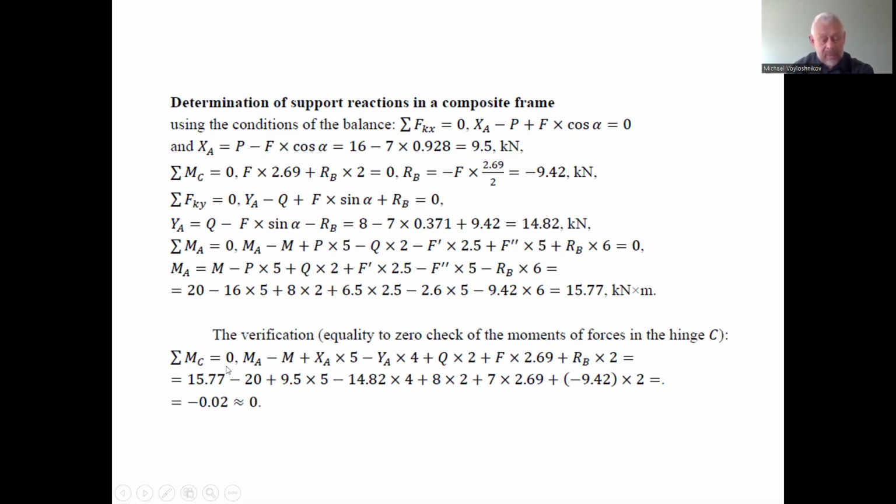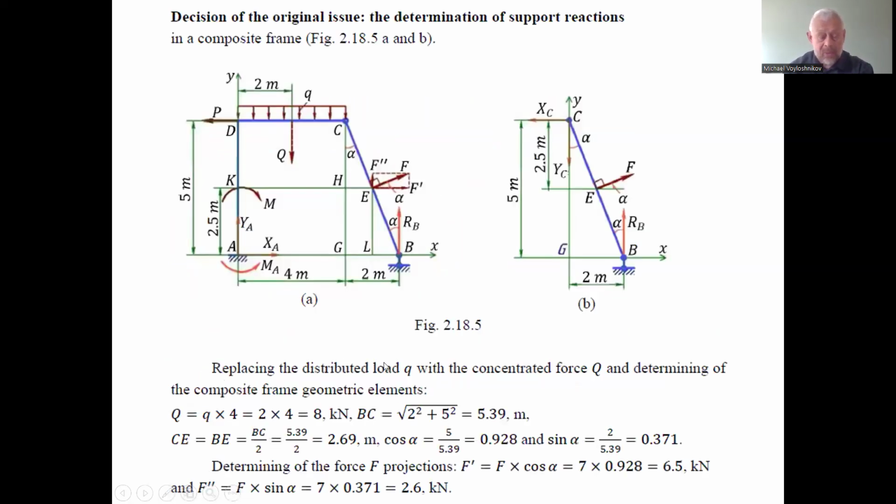So in the total of the moments rotating around the hinge C, we have the assigned moment M and the reactive moment MA. The moment of the force P does not act around the hinge C, because the line of action of force P goes through the point C and has no arm.